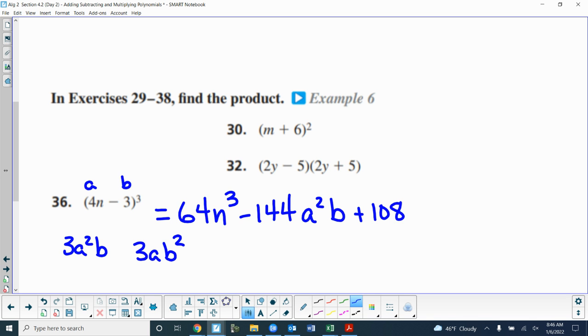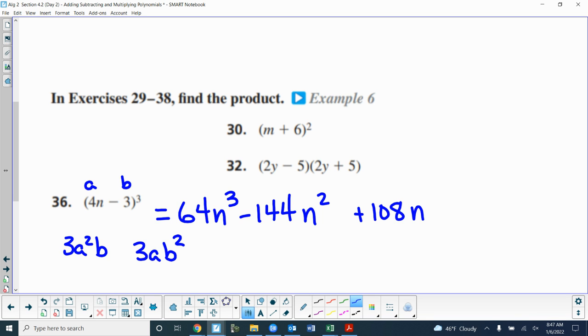Well, I wasn't supposed to do a squared b, I was supposed to put n squared, wasn't I? My bad. I'm looking at the a's and the b's, but it's n on this problem, right? And that's an n. Okay, sorry about that.